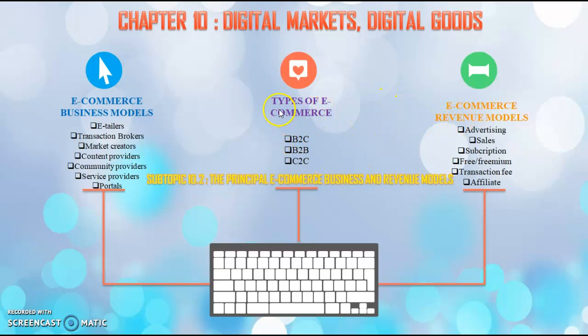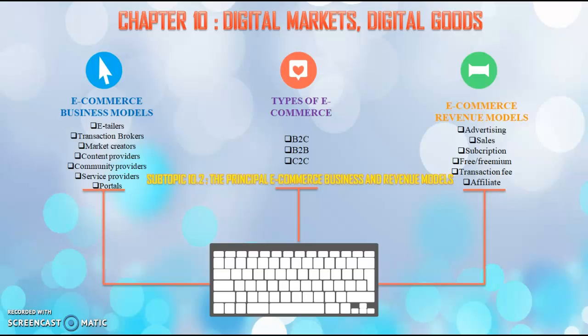Types of e-commerce. There are three major electronic commerce categories: business to consumer (B2C), business to business (B2B), and consumer to consumer (C2C). First, business to consumer (B2C) electronic commerce involves retailing products and services to individual shoppers, for example, Amazon and iTunes.